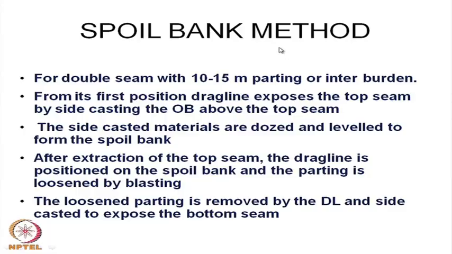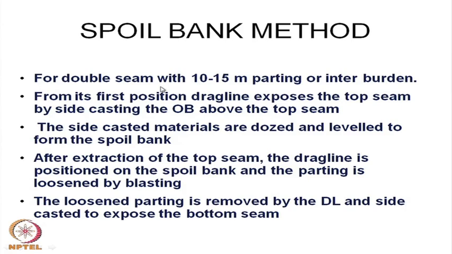Now, the spoil bank method. The spoil bank method is one in which we create heaps of material, that is the spoil bank, and the dragline will be sitting there. It has almost a similarity with the extended bench method, but a little difference.